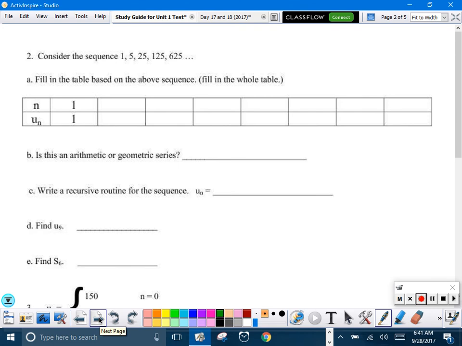All right, consider this sequence. 1, 5, 25, 125, 625. Okay, fill in the top. Okay, so 1, 5, 25. And make sure you fill in the whole table. Every blank is worth points. Fill in the whole table. 125, 625. All right, so it looks like the pattern is times 5.